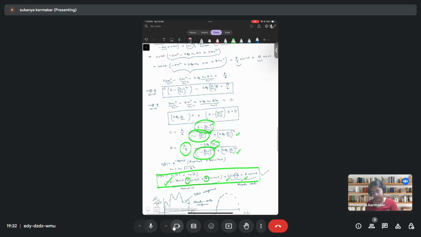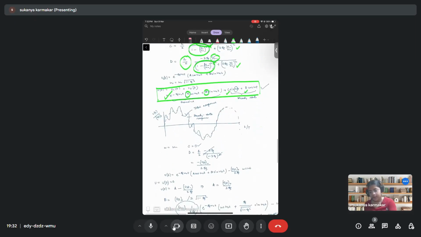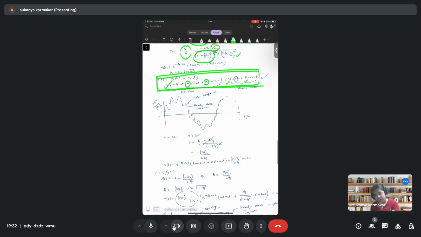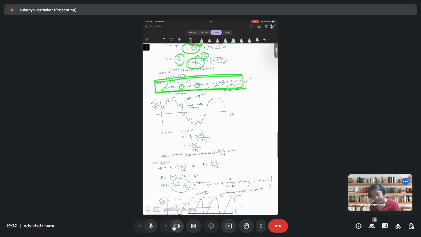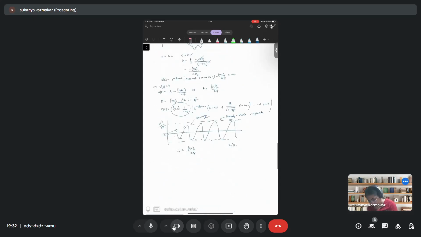So you can use this equation, the one which I marked. Using this equation, you can write u of t in this format as well.